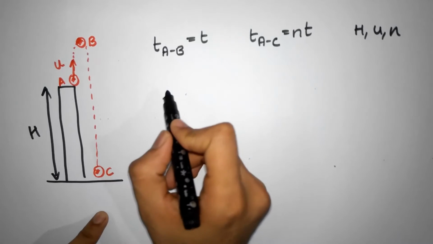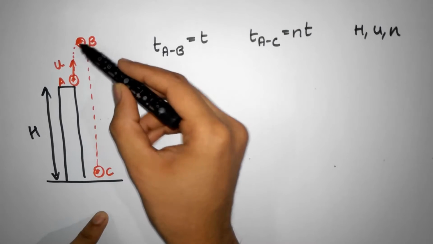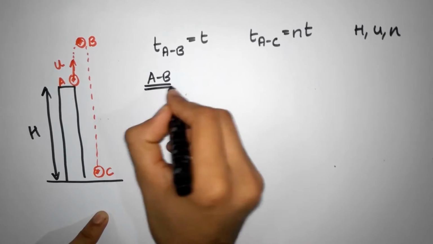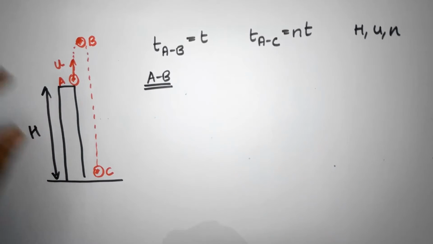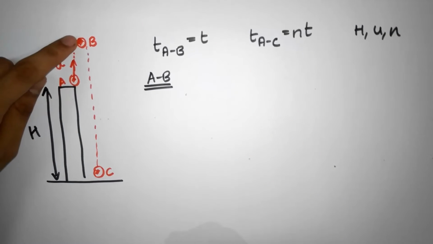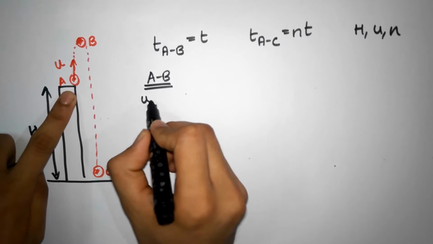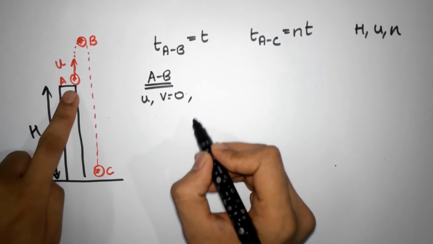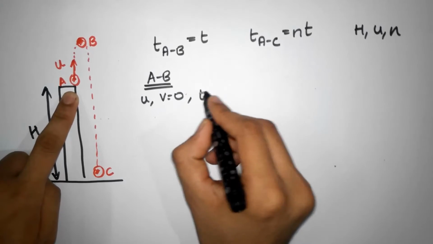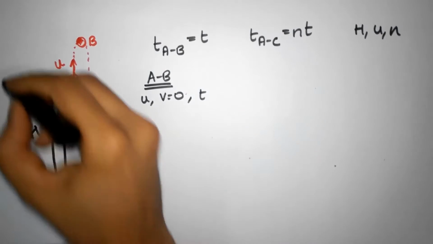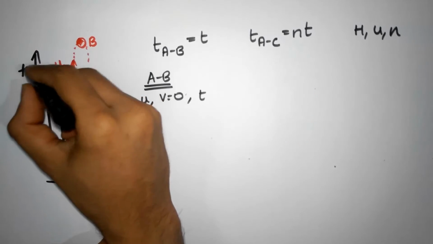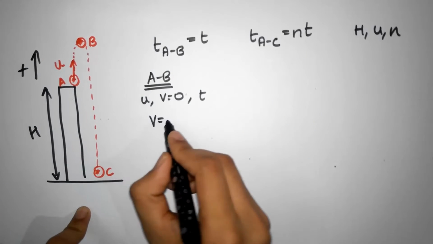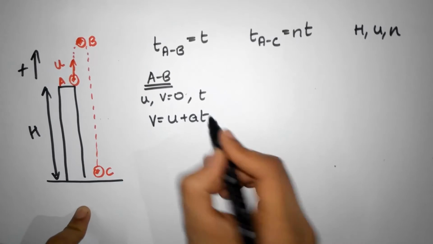Okay, so what we will do is we'll build equations from A to B, and then we'll build an equation from A to C. So let's do this. From A to B, I don't know the height, but I know the velocity. Initial velocity is u, final velocity is 0, and the time taken, I'm just assuming it to be t. I'm going to consider upwards as positive for this A to B motion, so we can go for v equals u plus at.